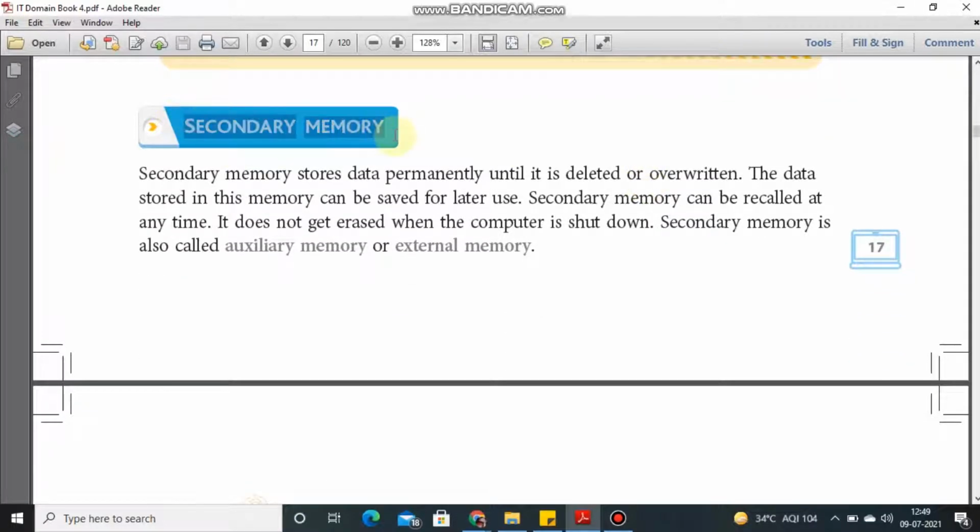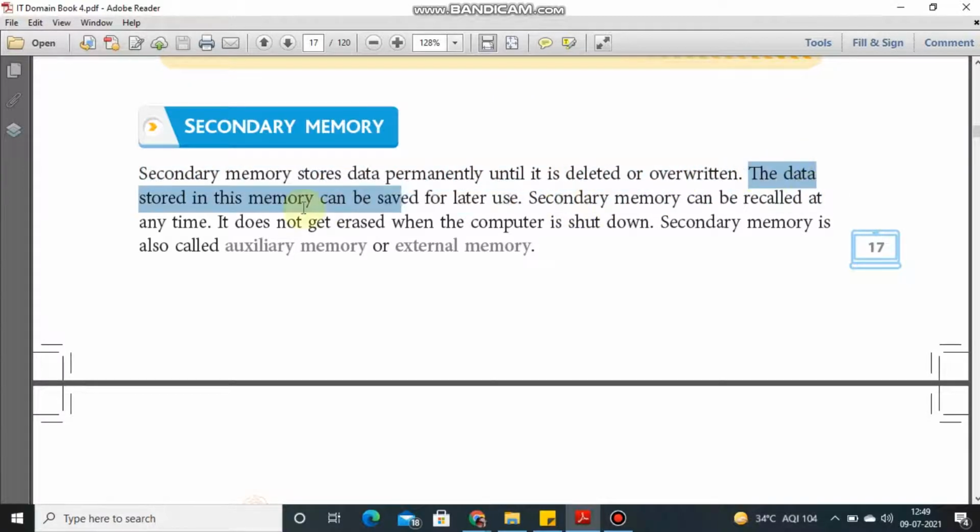सेकेंडरी मेमोरी. Secondary memory stores data permanently until it is deleted or overwritten. जब तक सेकेंडरी मेमोरी का डेटा आप डिलीट नहीं करते हैं, आप ओवरराइट नहीं करते हैं, डेटा सेकेंडरी मेमोरी में परमानेंटली स्टोर्ड रहता है.